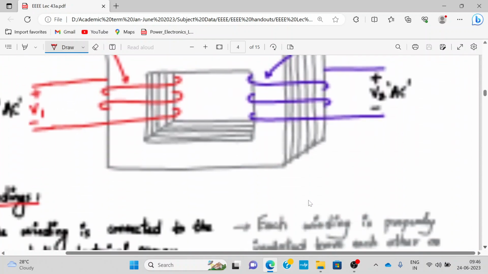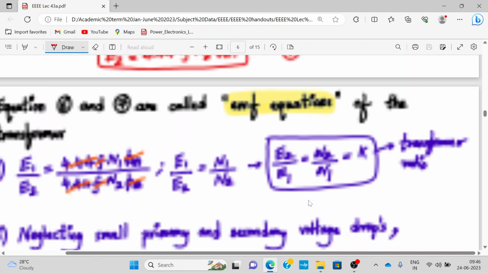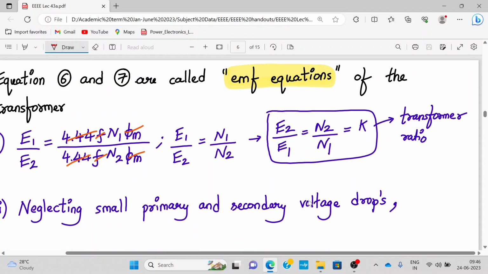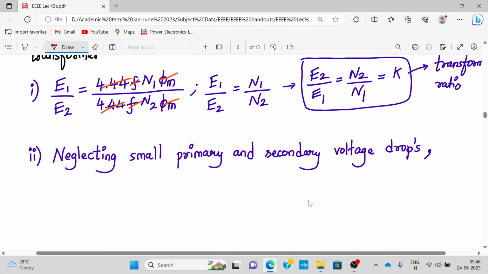Now let's get back to the topic. Yes, this is the transformer ratio. Now, neglecting the small primary and secondary voltage drops, we can say that V1 is approximately equal to E1 and V2 is approximately equal to E2.